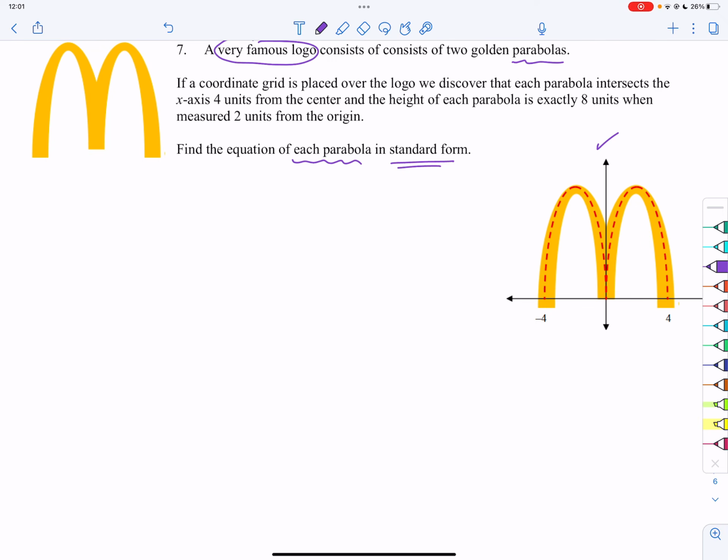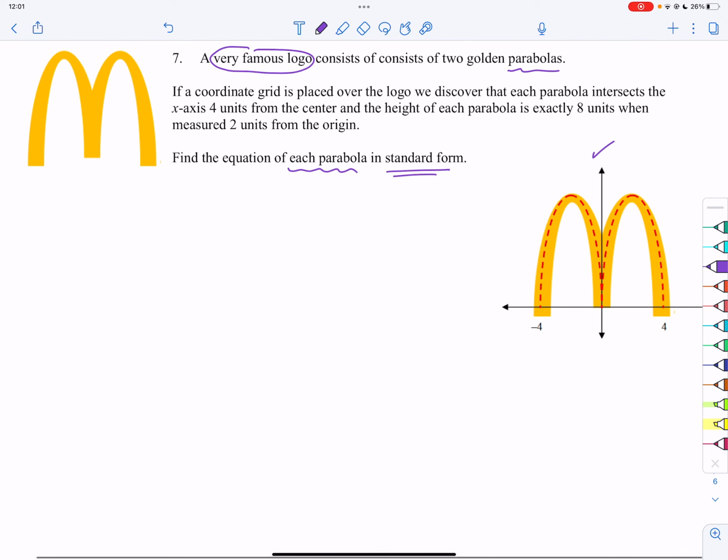So the first thing I want to do is place some points here. We know that each parabola is exactly 8 units high when measured 2 units from the origin. So we have (2, 8) and (-2, 8), and those are going to be the vertex for each parabola.